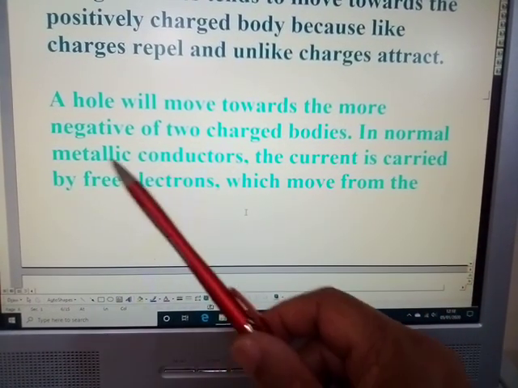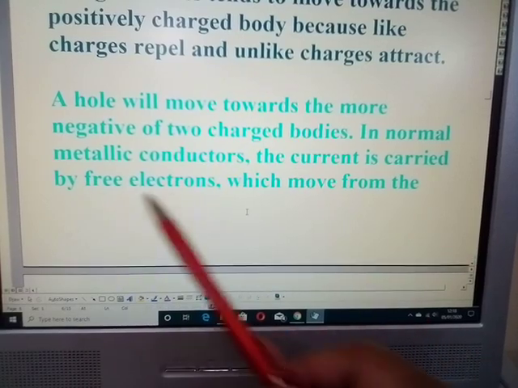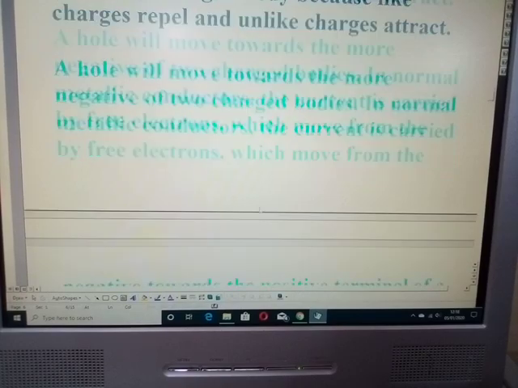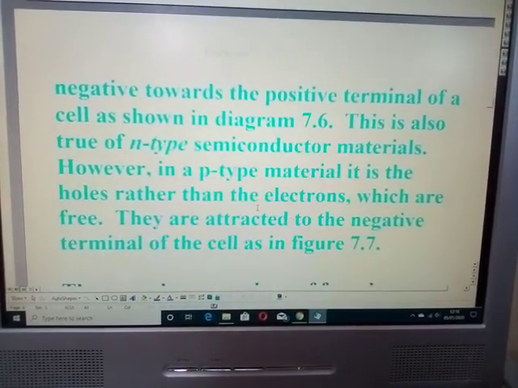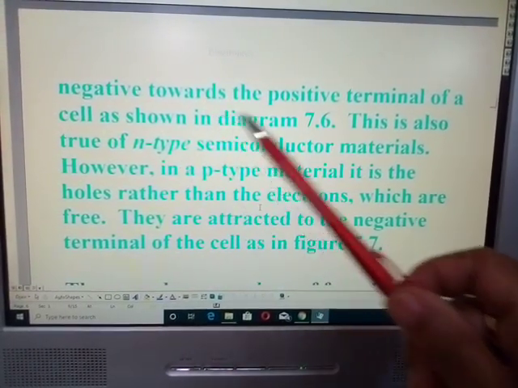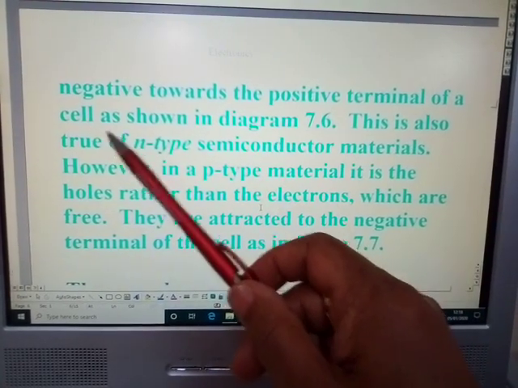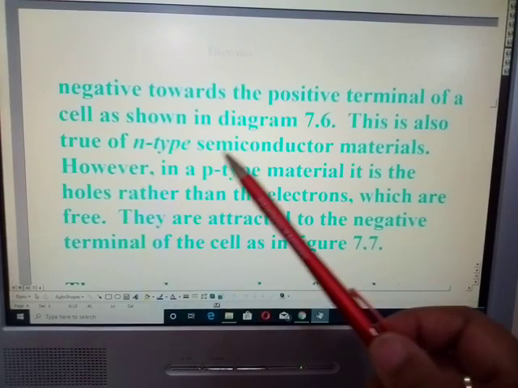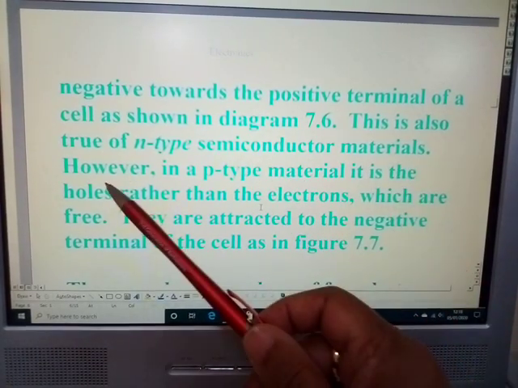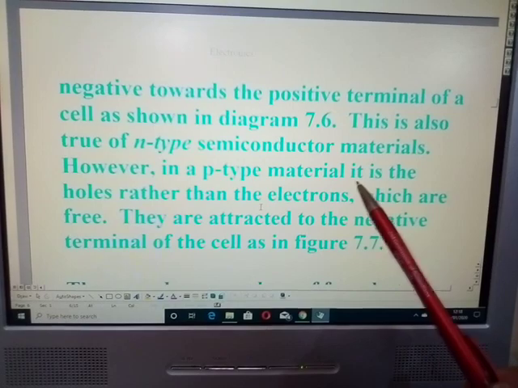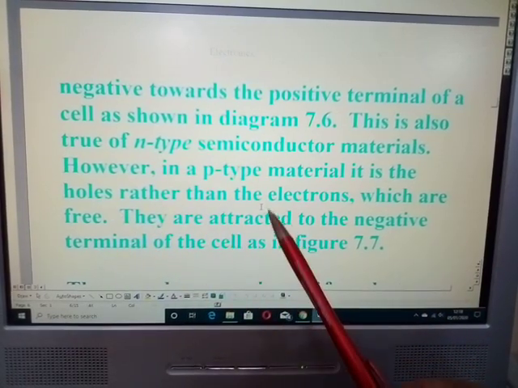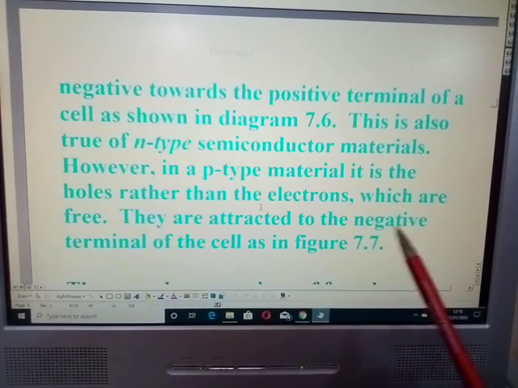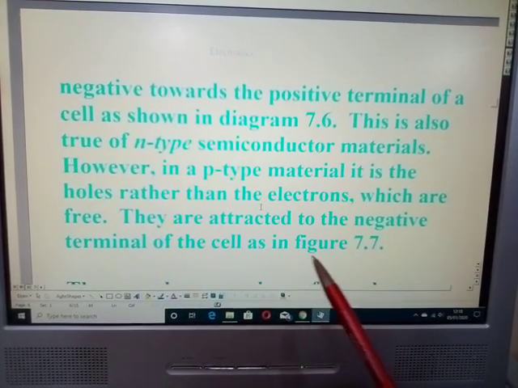In normal metallic conductors, the current is carried by free electrons, which move from the negative towards the positive terminal of a cell, as shown in diagram 7.6. This is also true of N-type semiconductor materials. However, in a p-type material, it is the holes rather than the electrons which are free. They are attracted to the negative terminal of the cell as in figure 7.7.